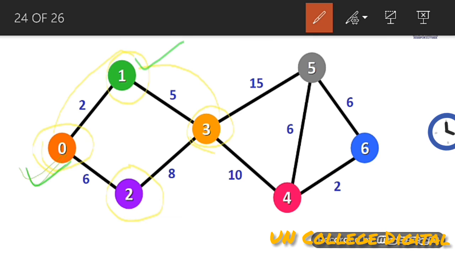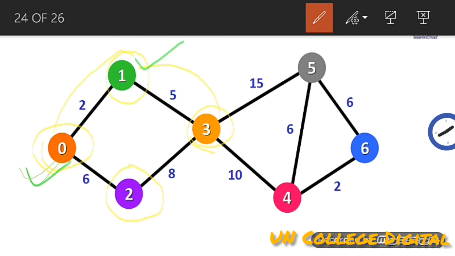After reaching 3, again we will find all the adjacent vertices to find the minimum one. The connections are 3 to 2, 3 to 5, 3 to 4. Here we are trying to find the minimum one. 3 to 5 is 15. 3 to 2 is 8. 0 to 2 is 6, also we have the 0 to 2 value from before, that's why.